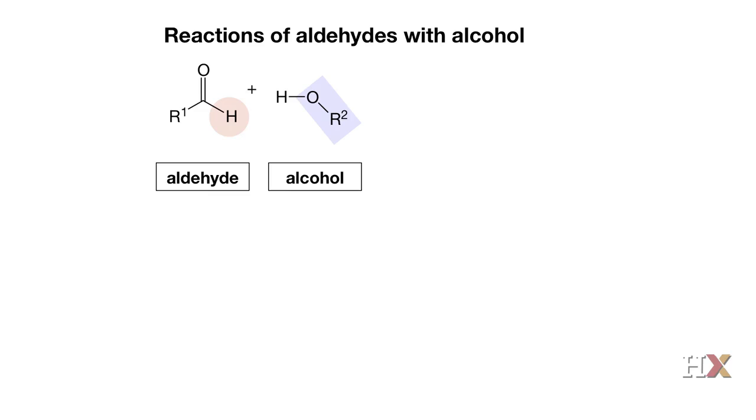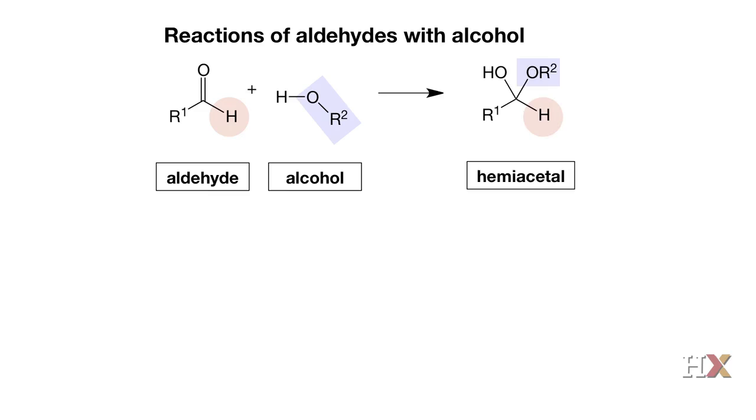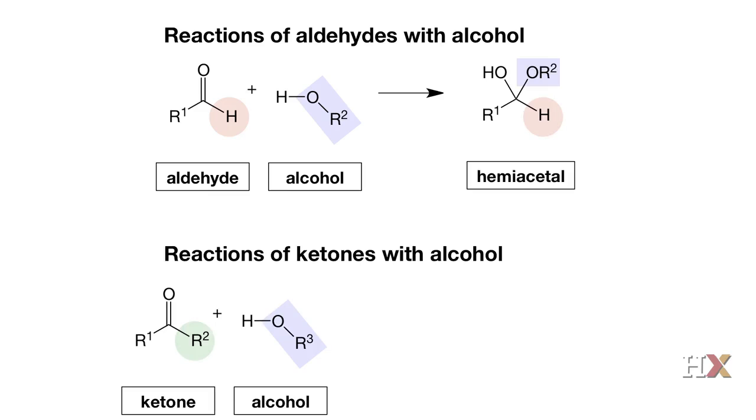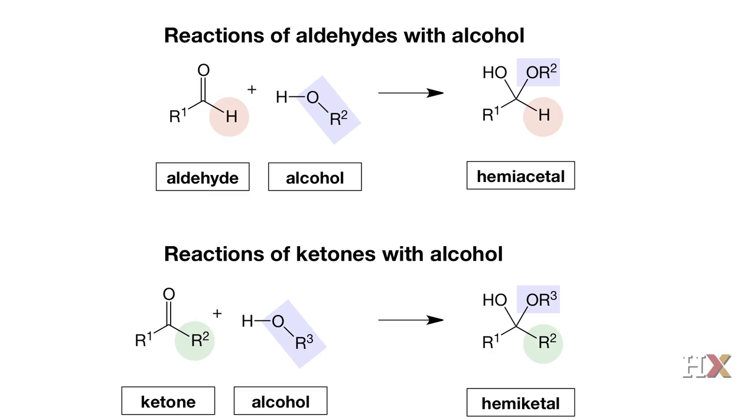We have to go back to very basic chemistry. When an aldehyde reacts with an alcohol, you form a hemiacetal. Similarly, when a ketone reacts with an alcohol, you get a hemiketal.